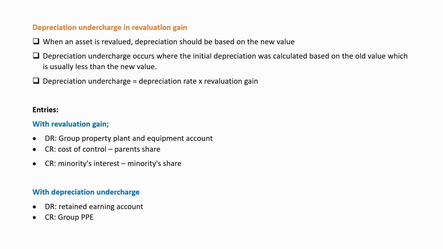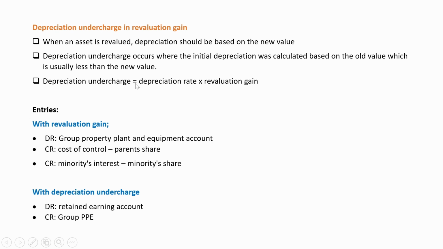Usually, companies provide depreciation using the old figures, using the old values which are less than the revalued amount, which means they understated the depreciation. So when an asset is revalued, depreciation should be based on the new value. Depreciation undercharge occurs where the initial depreciation was calculated based on the old value, which is usually less than the new value.